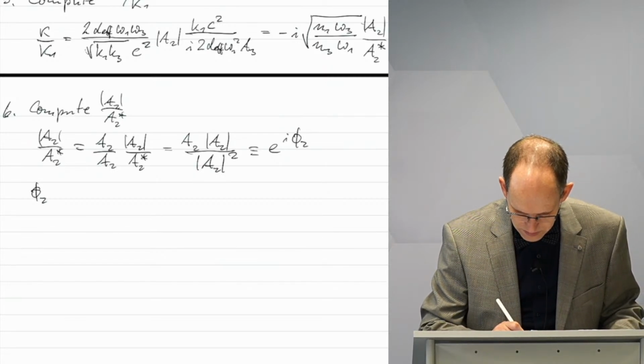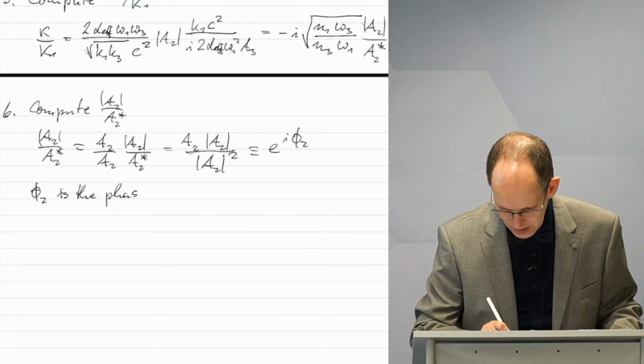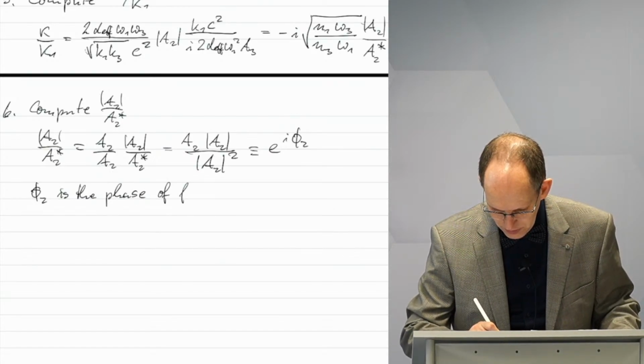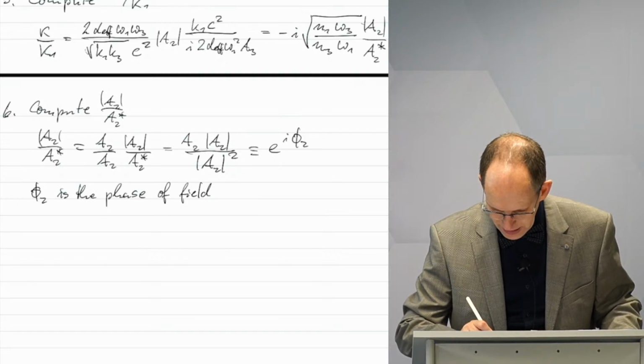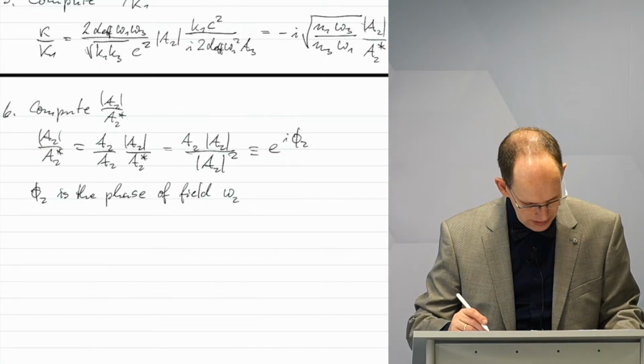So phi 2 is the phase of field, again this sloppy way to say it, of field omega 2.